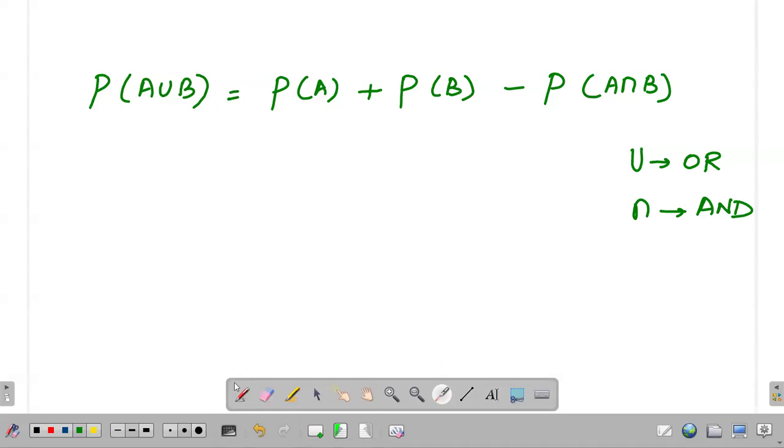All right. Now, what is so special about P of A intersection B? Please note, P of A intersection B, I have to deal with in two different cases.